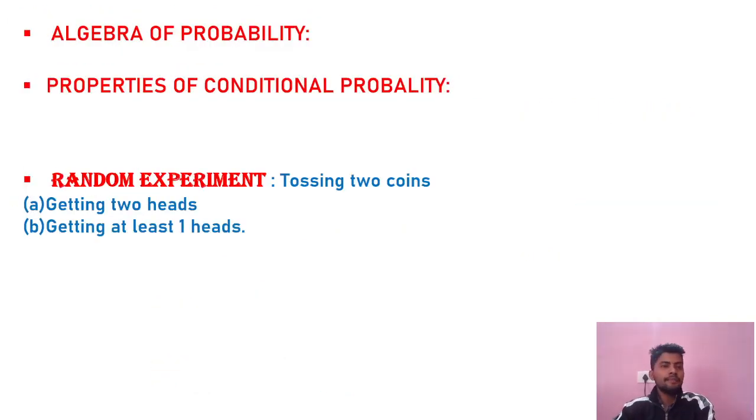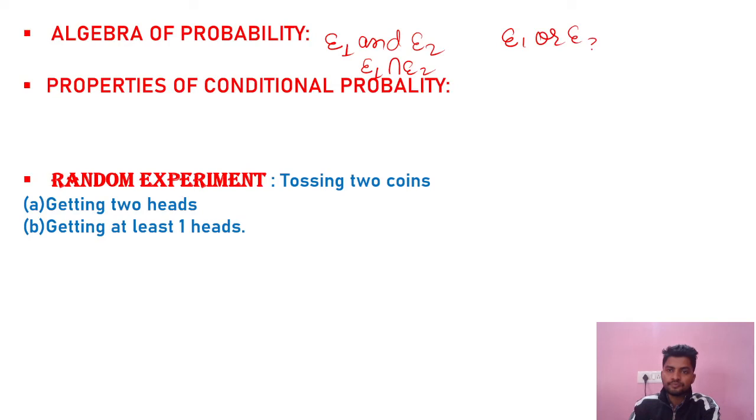That is, the algebra of probability. If there are two events, let us take E1 and E2, then if I have to find E1 and E2, I have to find E1 intersection E2. And if I have to find E1 or E2, then I have to find E1 union E2. Now, what are the properties?